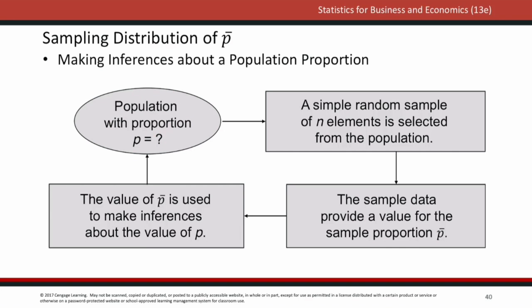Okay, then we take a simple random sample with n elements out of the population. Out of the sample, we calculate the sample proportion. And then we use the sample proportion to make inference about the population proportion. The ideas that we want to follow are parallel to the ideas that we used when we were doing inference for the population mean.